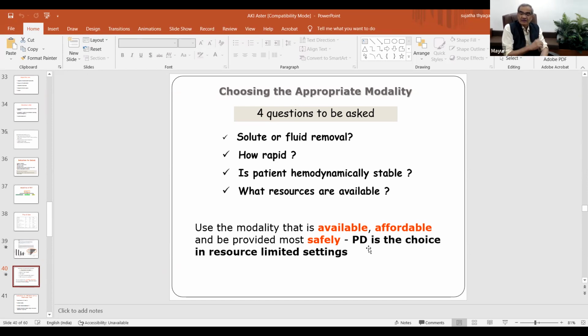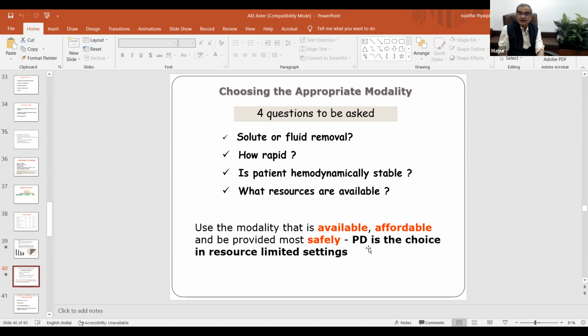Is the patient hemodynamically stable? And what resources you have available? You have to use the modality that is available, first of all, and then affordable and which can be provided safely. So in resource limited settings, PD is the choice.